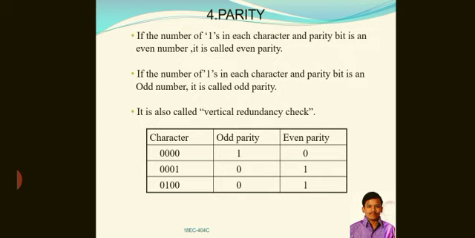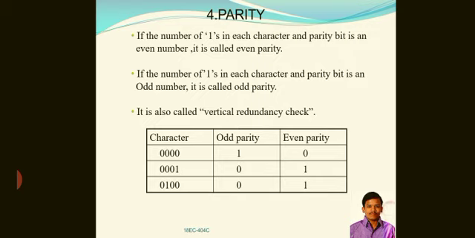Suppose a character has 4 zeros, as given in the first row. In the given character no ones are there, so to make it odd parity, we have to add 1. Similarly, to satisfy the even parity method, we have to add 0, because there are no ones already, so we add 0 as the extra parity bit.